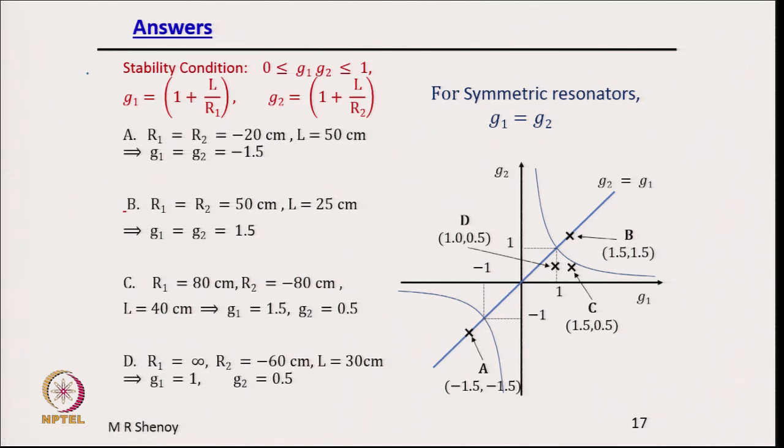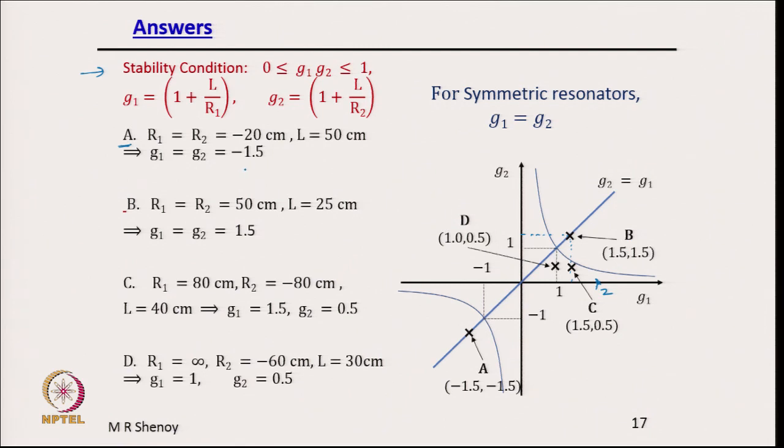First, the stability condition. For the first point A, R1 and R2 are minus 20 centimeter, and L is equal to this. Therefore, we get G1 is equal to G2 is equal to minus 1.5. If you plot them, this is 1, therefore this position is 1.5, because 2 may be here. So, the point is 1.5, 1.5.